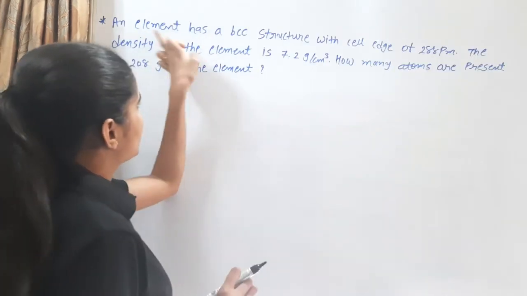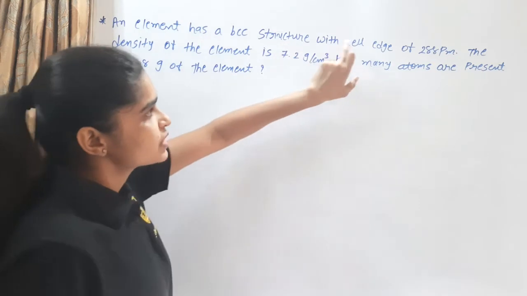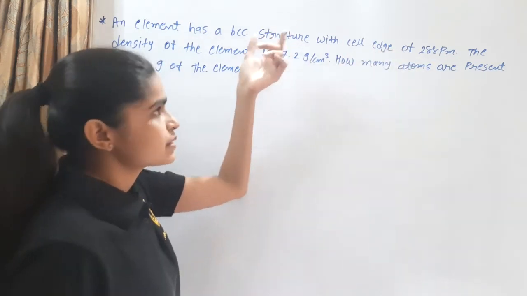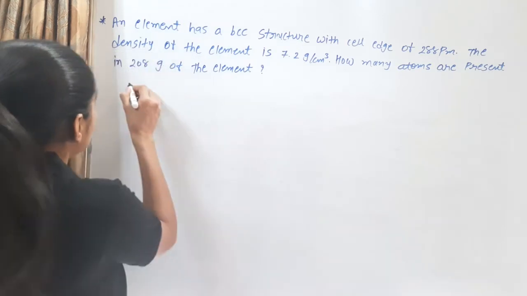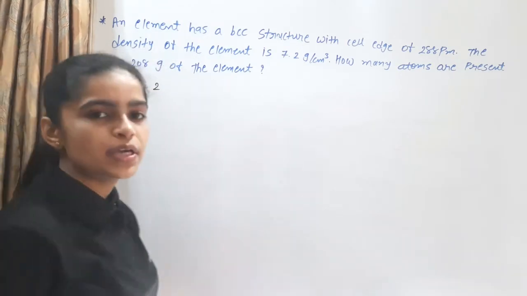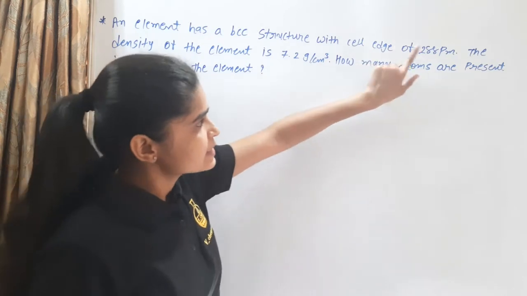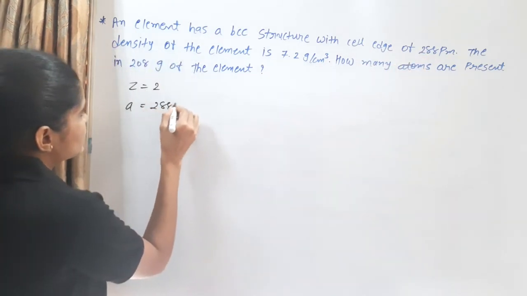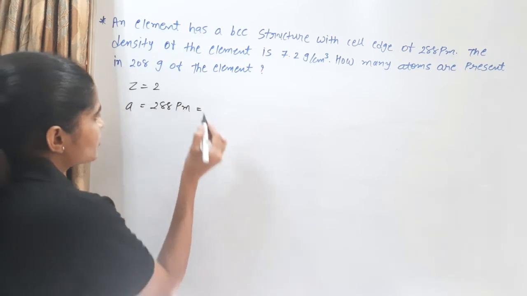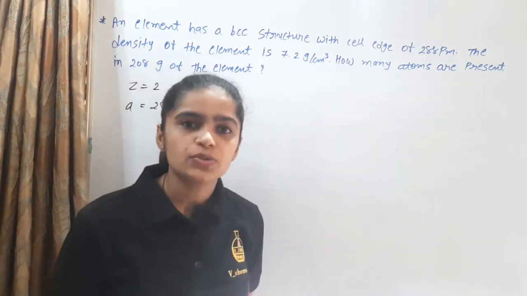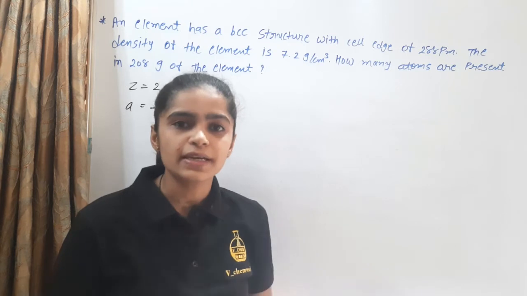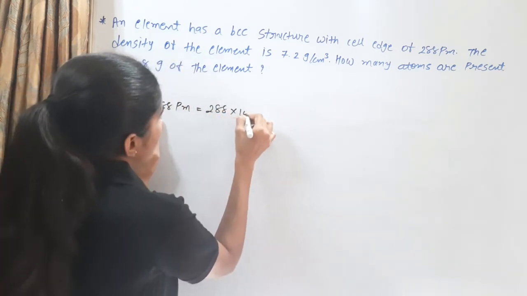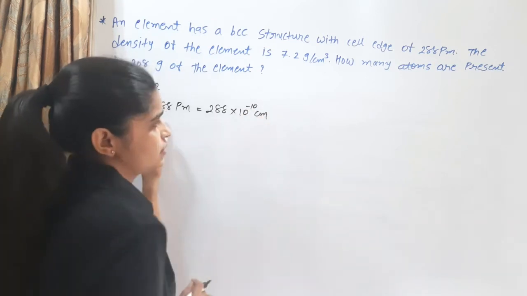Next: an element has a BCC structure with cell edge of 288 picometer. BCC means Z value is 2 because of the body center. Then a is 288 picometer. We know picometer is converted into centimeter by multiplying with 10 raised to minus 10, so a is 288 into 10 raised to minus 10 centimeter.